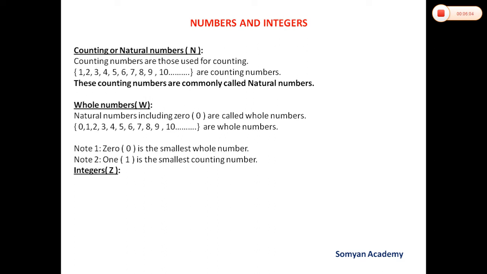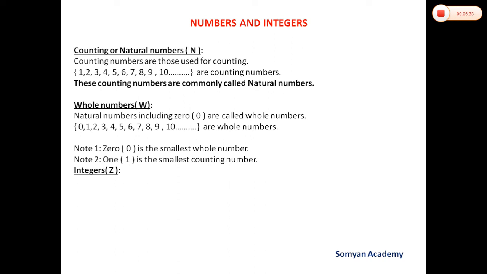Now we will discuss the integers, which are represented by Z. So what are the integers? We have seen the natural numbers or the counting numbers 1, 2, 3, 4, 5, 6, 7, 8 and so on, and the whole numbers including 0. Both of these lists, counting numbers and whole numbers, have positive numbers on the number line.